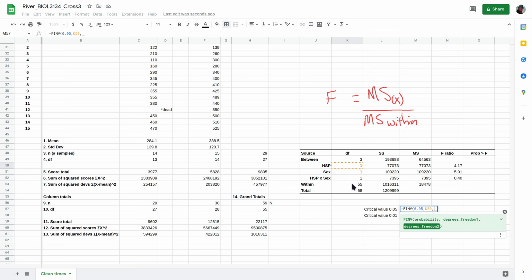And then our degrees of freedom within is the second number that it's asking for. So it's the degrees of freedom in the group, the degrees of freedom within. And this is how F scores are usually reported too. Like you'll see the F and then the parentheses and then a number and a comma and a number. That's the two different degrees of freedom.